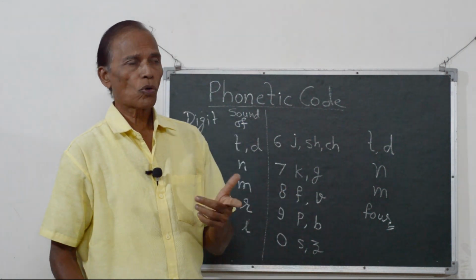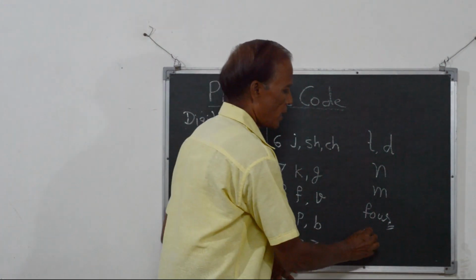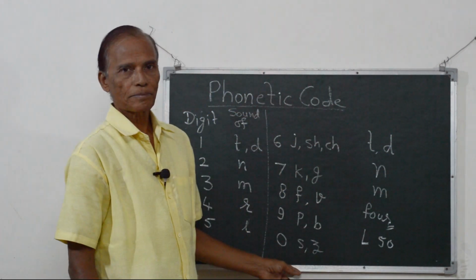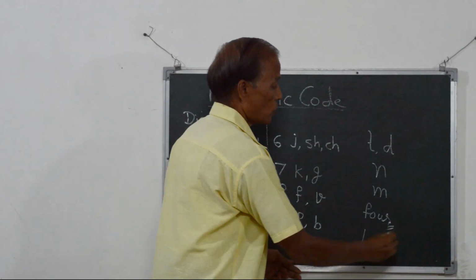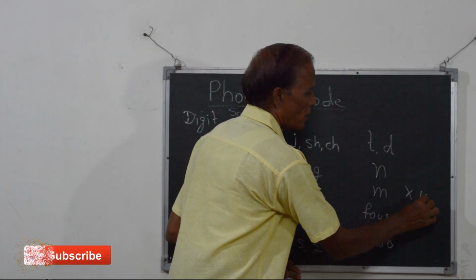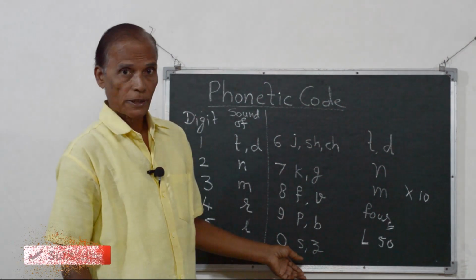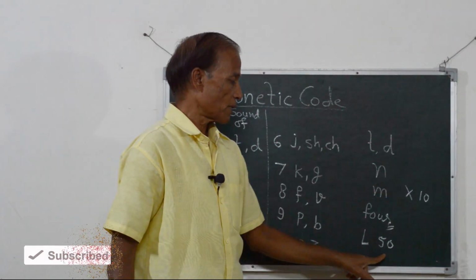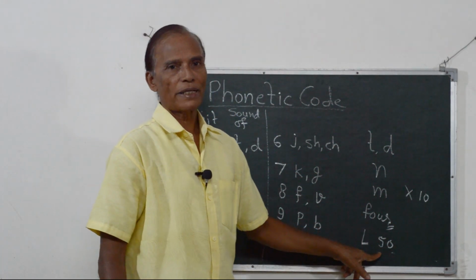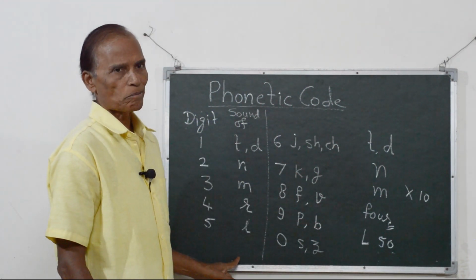In Roman numerals, L is used for 50. You are knowing that for 10 we use X. Similarly, for 50 we use L. So this association will take you to this association.